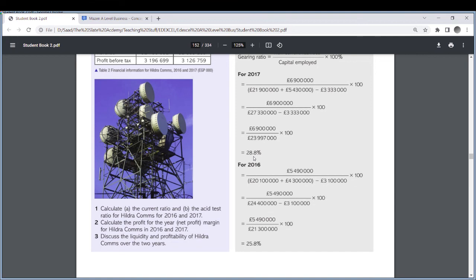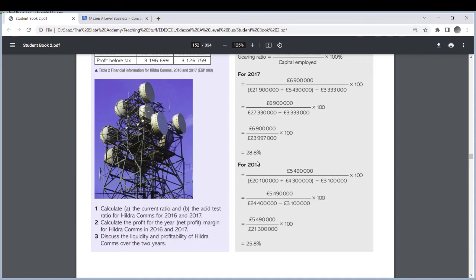It has increased, right? From 25.8% to 28.8%. What does this increase imply? Is it good? Is it bad? Why has it happened? I think it's bad.